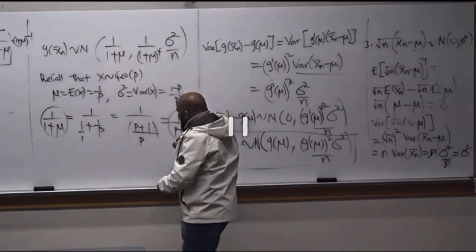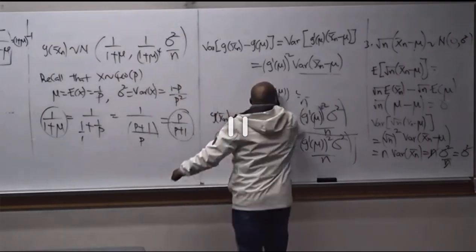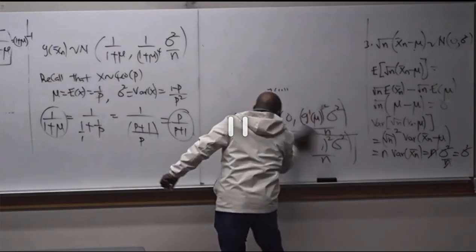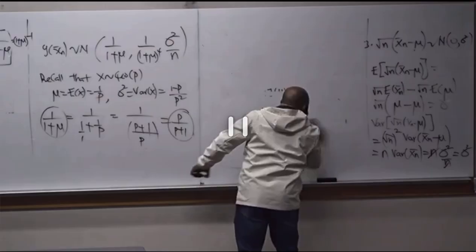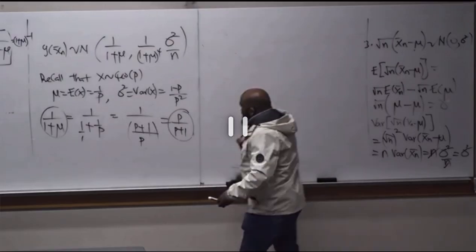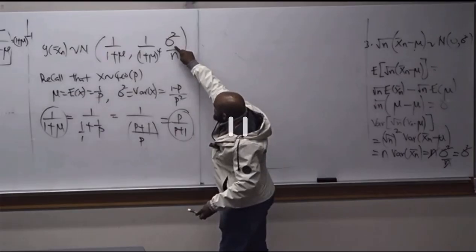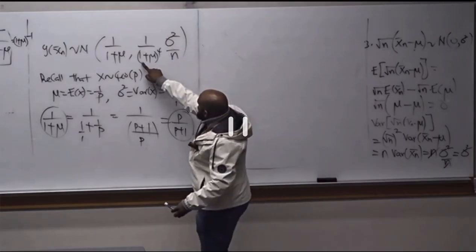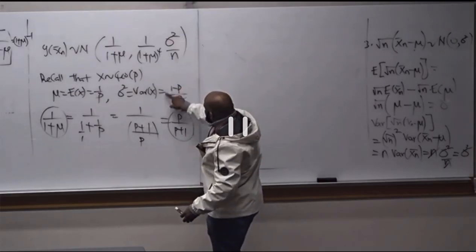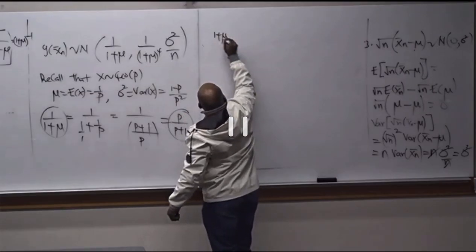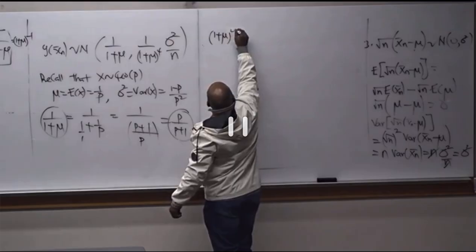Now, on the other side, for sigma squared, I know sigma squared is going to be this. But let's talk about 1 plus mu raised to power 4.